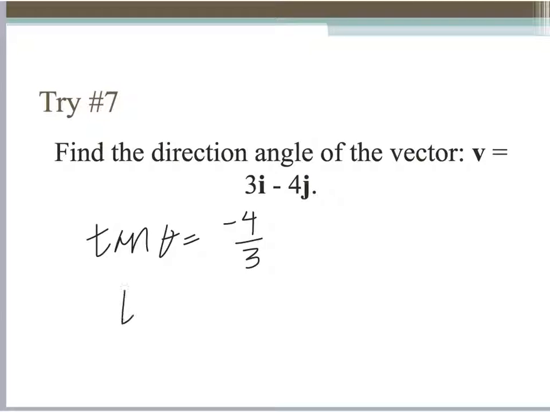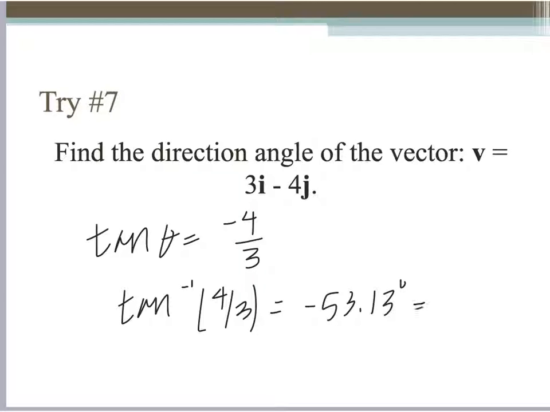And so then to find the angle whose ratio is negative 4/3, we use the inverse property on our calculators, and that would give you negative 53.13 degrees. And we don't want anything that's negative, so to make that positive, we're going to add 360 to it, and that's going to give you 306.87 degrees.